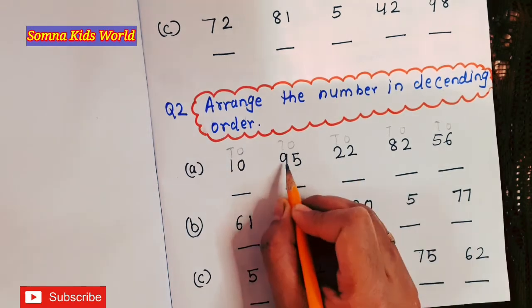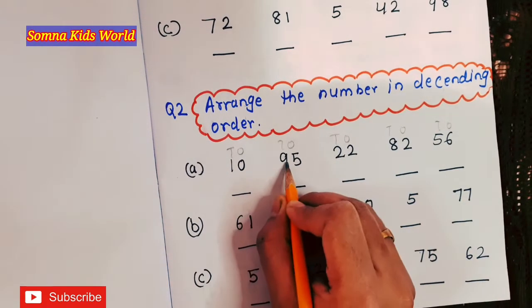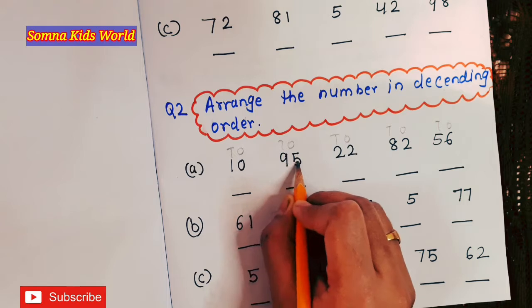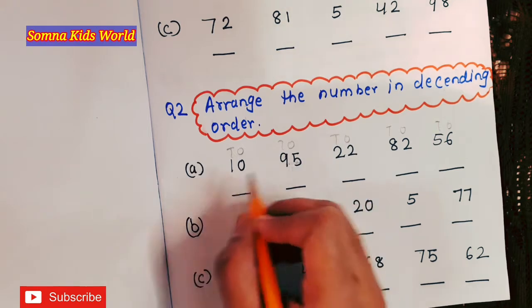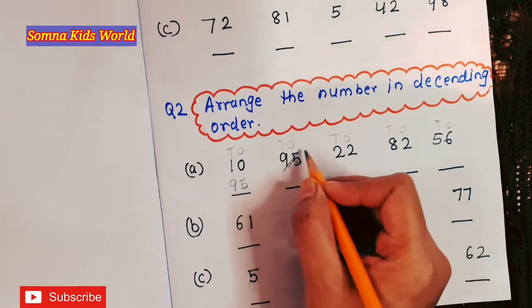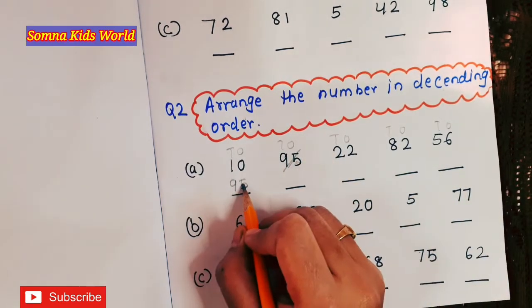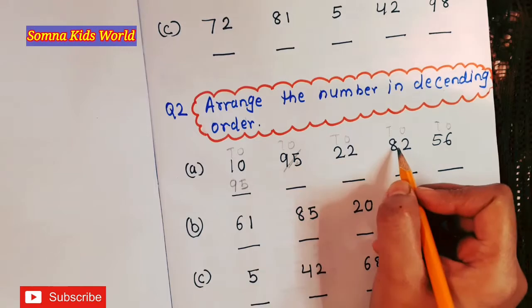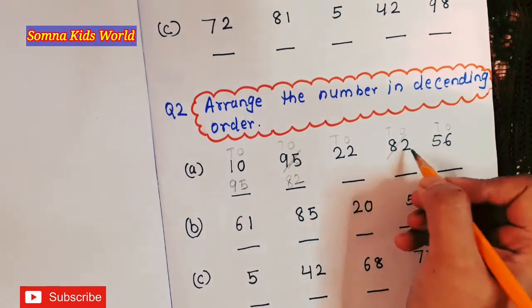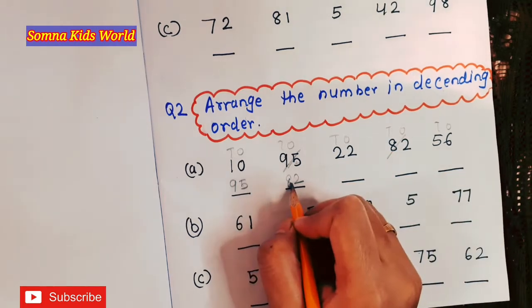The first one is, you can see, 9 is the bigger number, so 95 is the greater number. Write it here first, then make a cut or omit it like this. After 95 which number comes? It's 82. So like this you can omit 82 also and write it here.